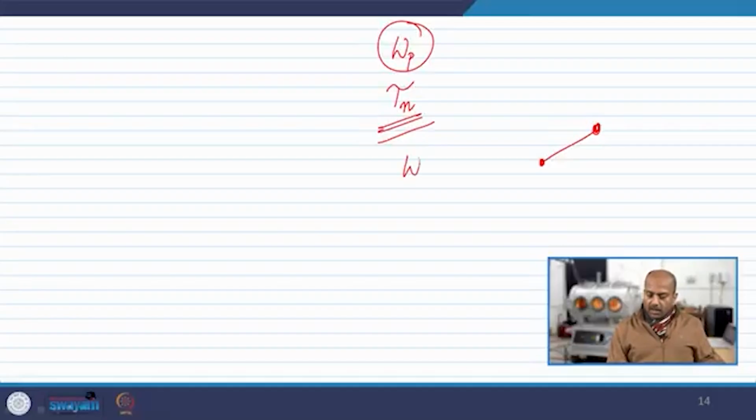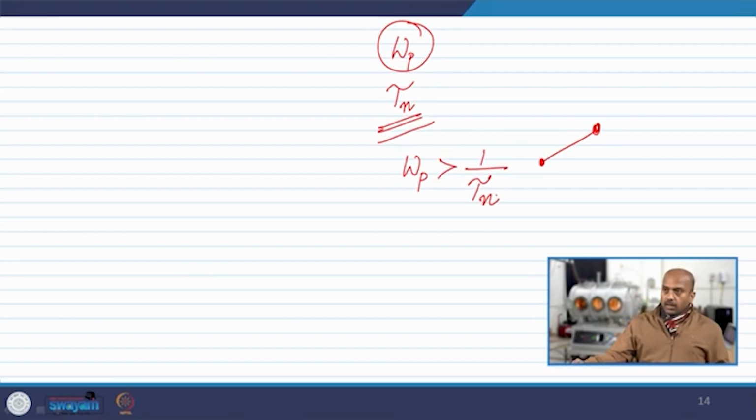You would expect that before the collision happens, the plasma oscillations should be substantially large, right? So, if you relate these two things, we can simply write omega p should be much greater than 1 by tau n, isn't it?